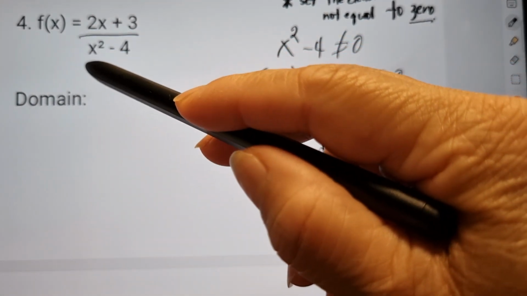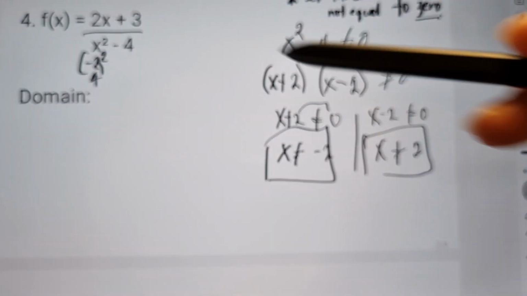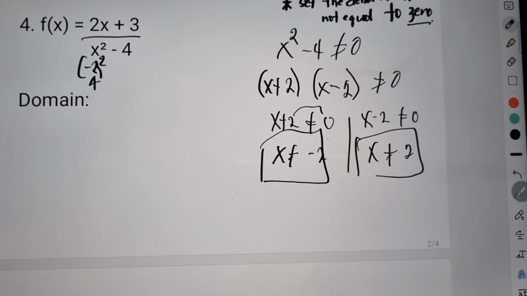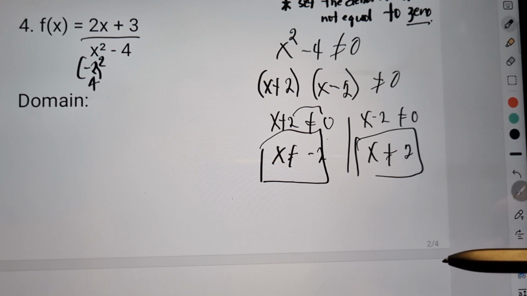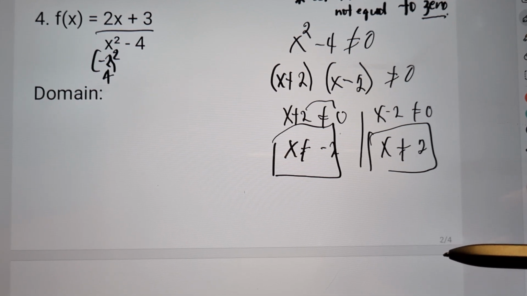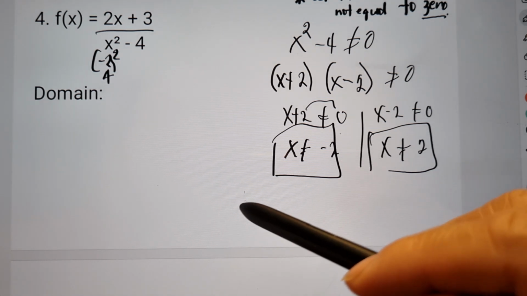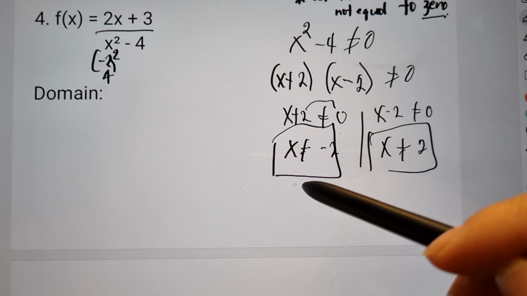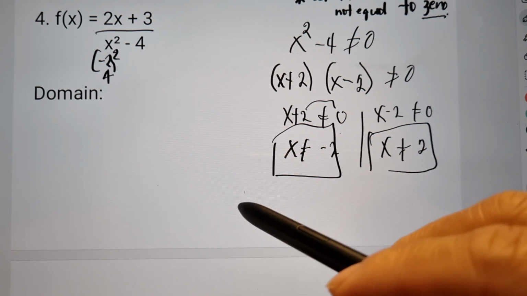Why? Because if you have negative 2 squared, that is still positive 4. Negative 2 times negative 2 is positive 4. And then, pag positive naman siya, positive 2 times positive 2 is still positive 4. Minus 4, that is 0. Okay? So, dito ngayon, ang domain natin ay dapat all real numbers except negative 2 and positive 2.